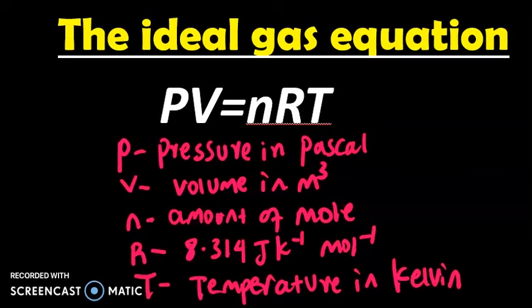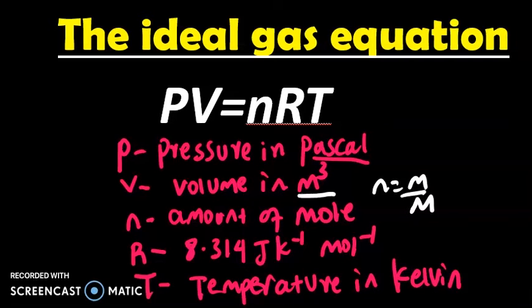So pressure must be in Pascal, volume must be in meter cube. n is calculated as mass over molar mass, and R is given to you in the chemistry data booklet for your curriculum, which is 8.314 joules per Kelvin per mole.